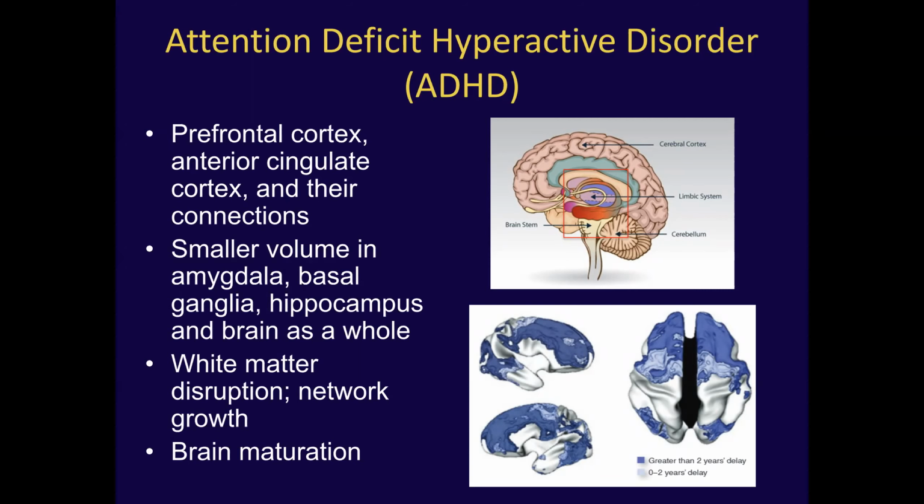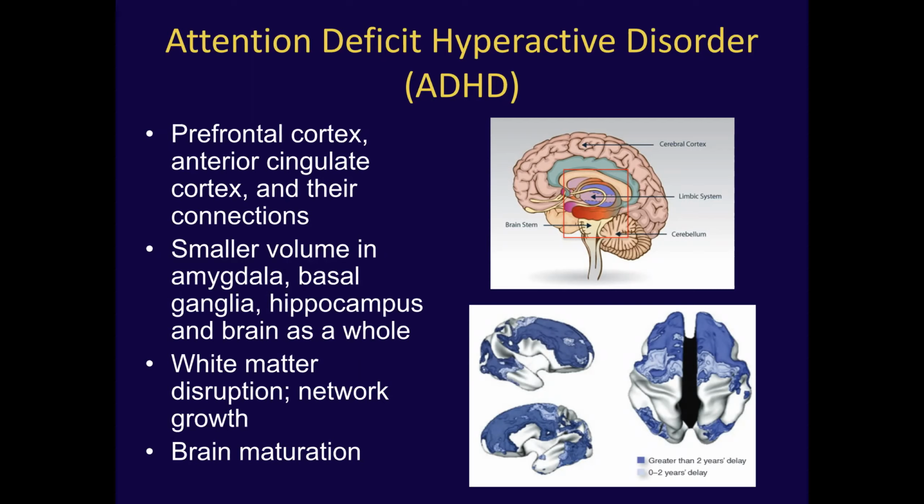Research has also shown smaller volumes in ADHD, whereas larger volumes are shown in autism spectrum disorder, in the amygdala and hippocampus, and also in an area called the basal ganglia, which is important for cognition and motor function. It's located in the limbic system as well, that emotional center of the brain. And also smaller volume in the brain as a whole.